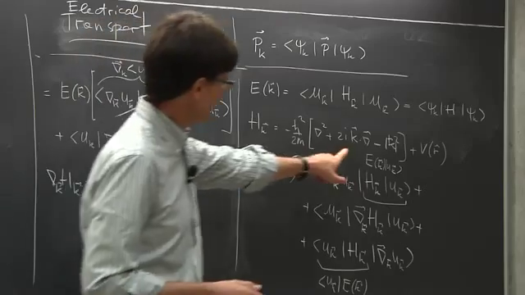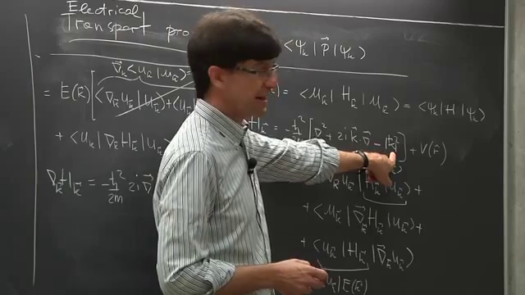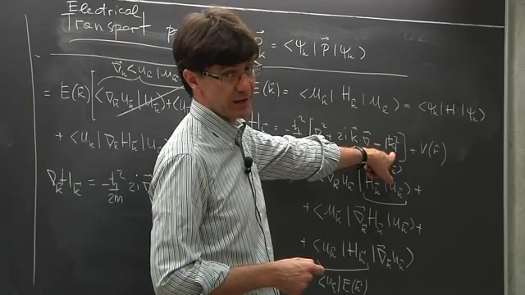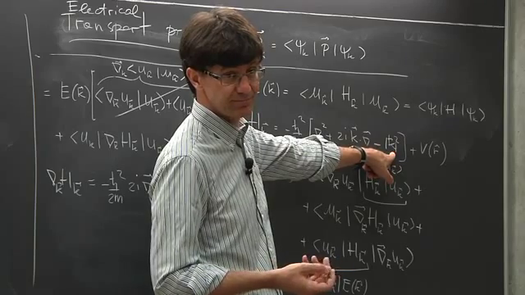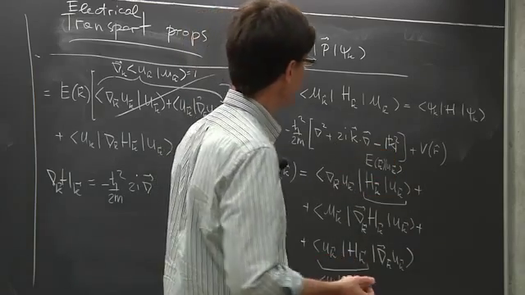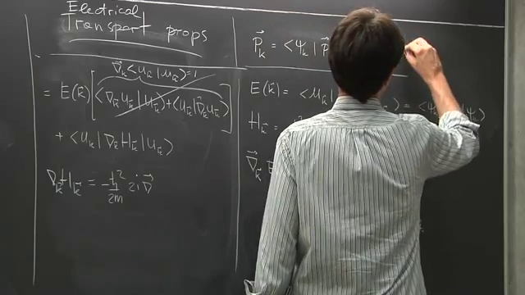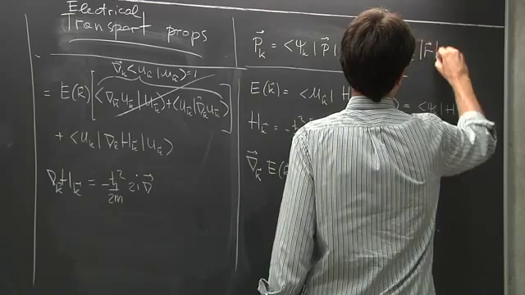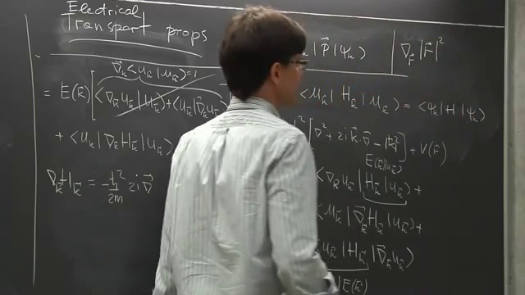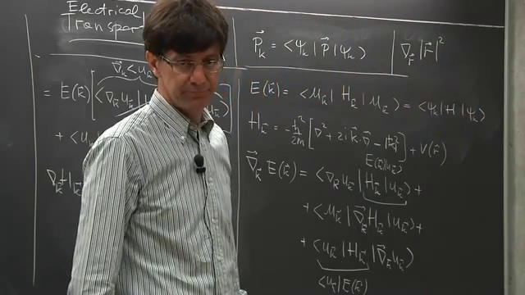Okay, so the gradient with respect to k of h of k. First term is here. Second term is the gradient of k squared. Do you know the gradient of k squared, what it is? The gradient with respect to r of r squared. The modulus of r squared is r dot r.